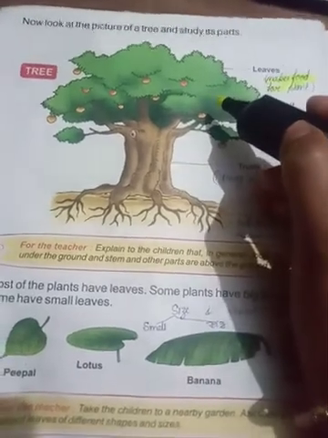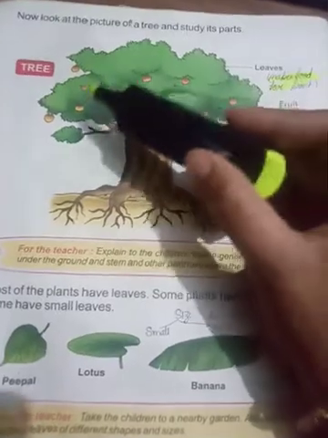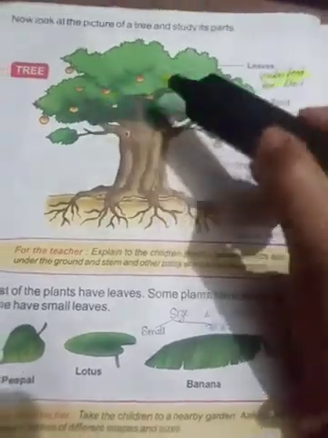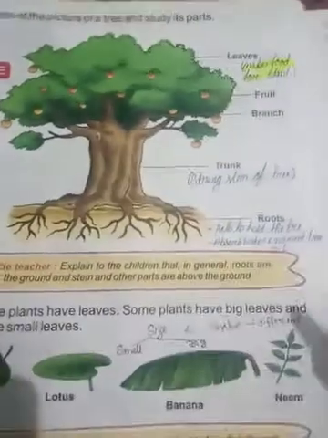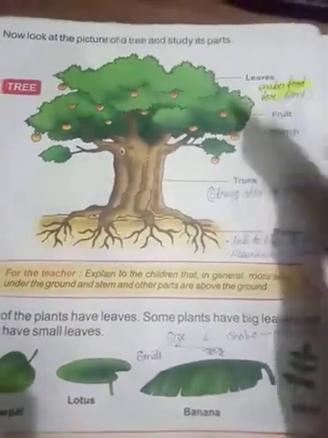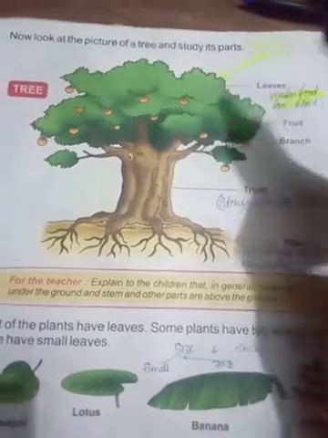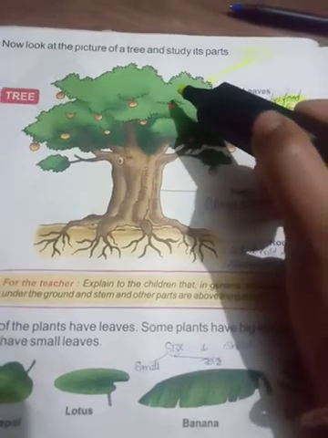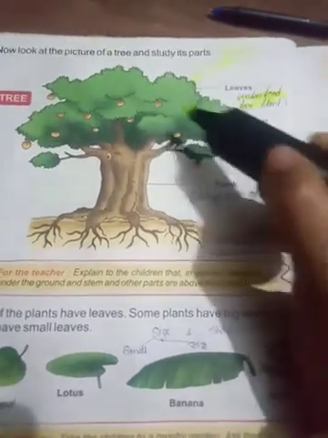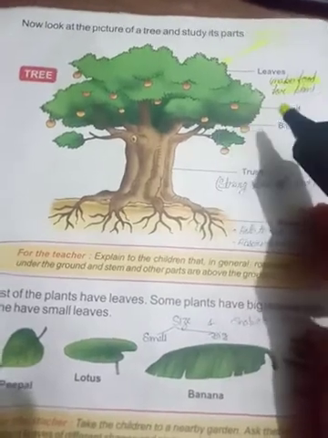As your mama cooks food for you, in exactly the same way these green leaves make food for this whole tree. With the help of sunlight, when the sunlight falls here, these green leaves use this energy and make the food for the plant.